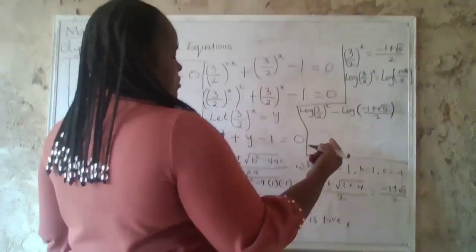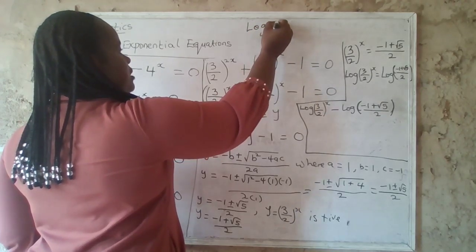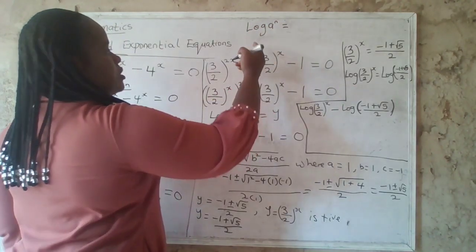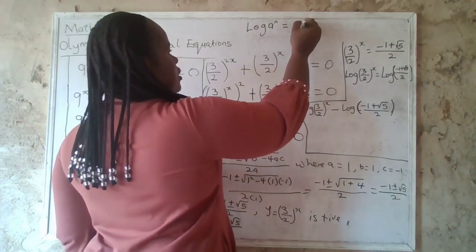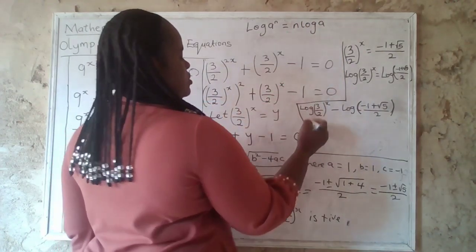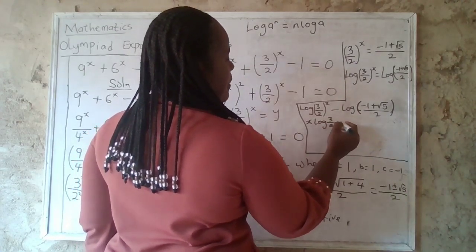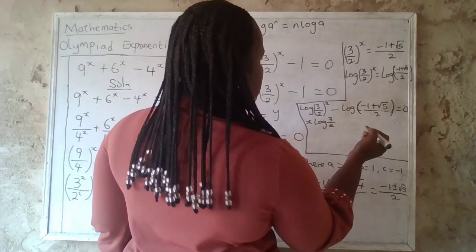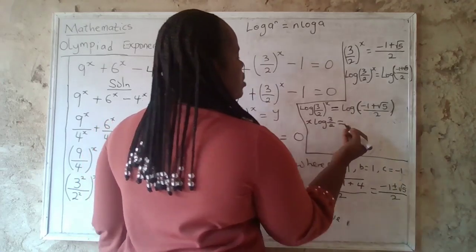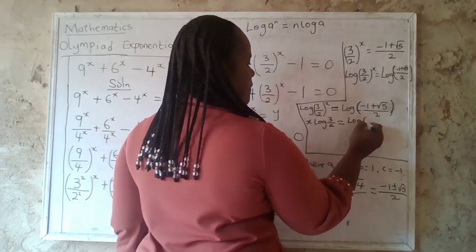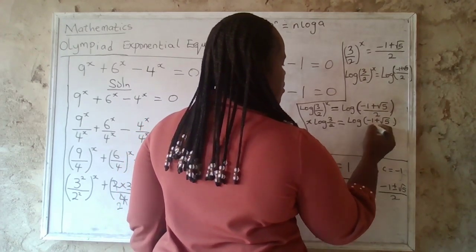In our law of logarithm, if we have log a raised to power n, it is going to be the same as n log a. So we are going to write this as x log 3 over 2. This is equal to log of minus 1 plus root 5 all over 2.